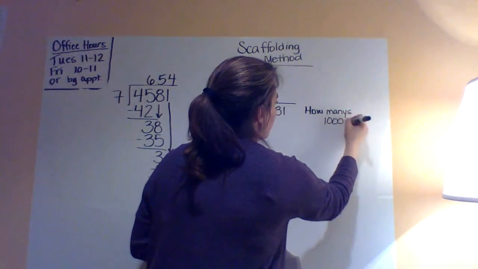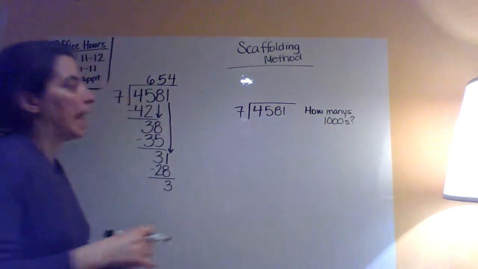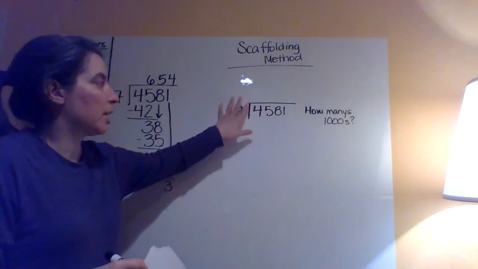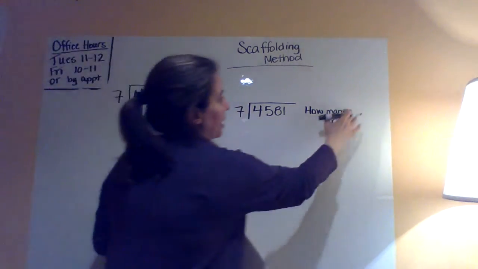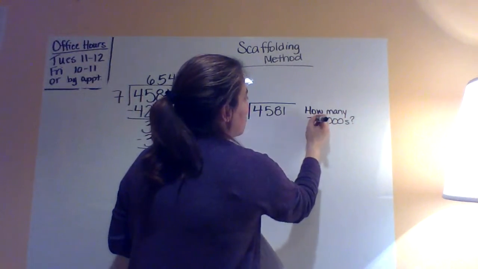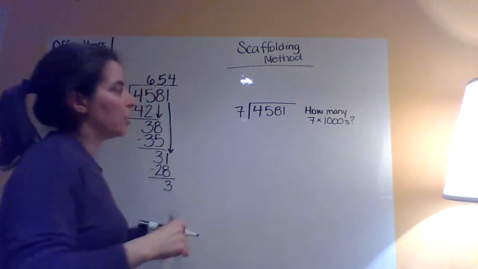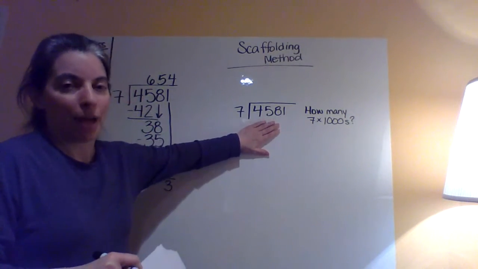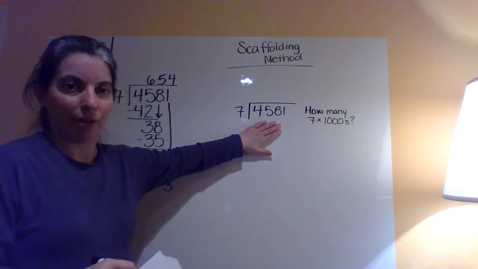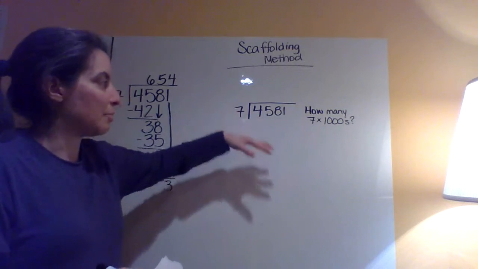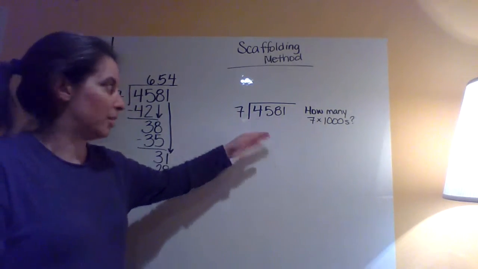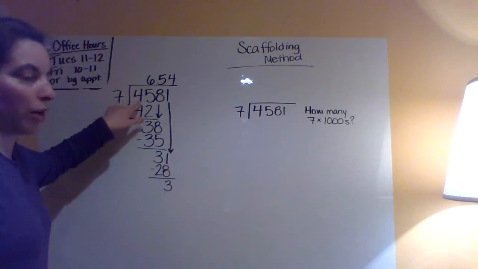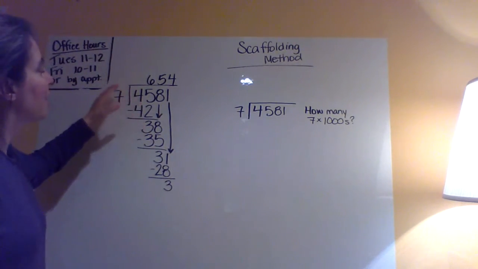So first, I want to know how many thousands can I put in here, or, I shouldn't say that. Really what I want to say is how many groups of 7 times 1,000. Well, I can't put any groups of 7 times 1,000 because 7 times 1,000 is 7,000 and that's too big. Which really is what I'm saying when I say, can 7 go into 4? Okay?